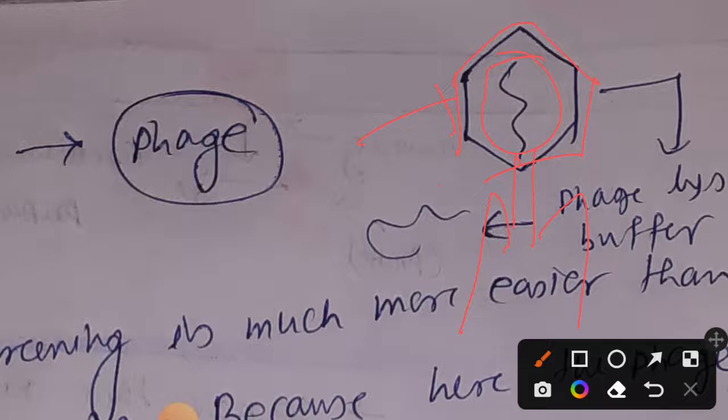So the lysis of the phage will be far easier than the lysis of a cell, because during phage lysis you only have to apply a phage lysis buffer, which is nothing but a protein lysis buffer. But in colony hybridization you have to lyse the cell, which surely contains heavier constituents than the phage lysis buffer.